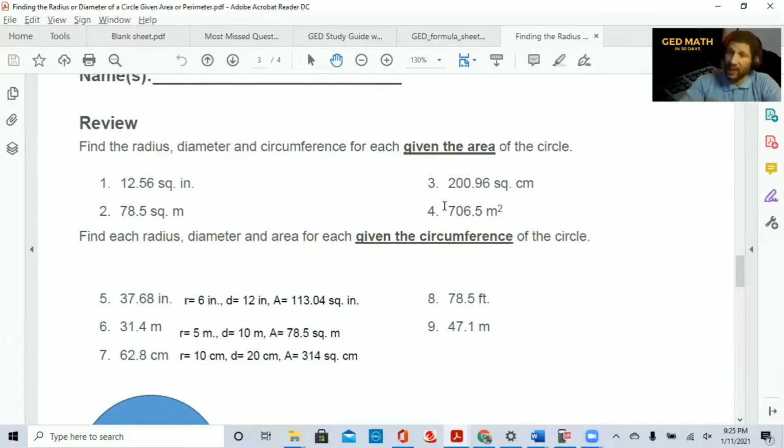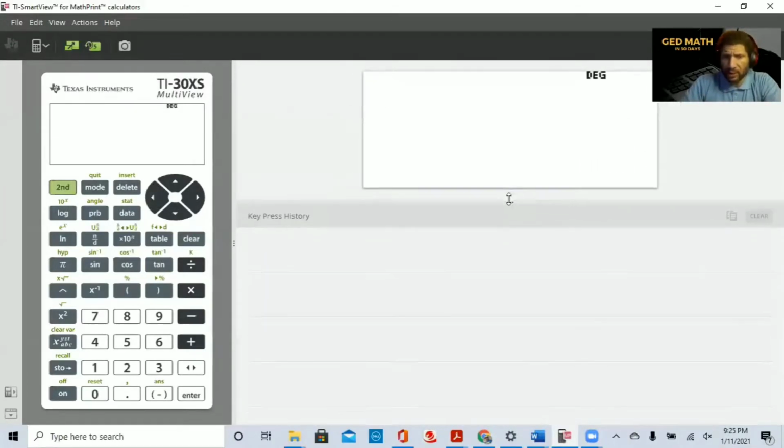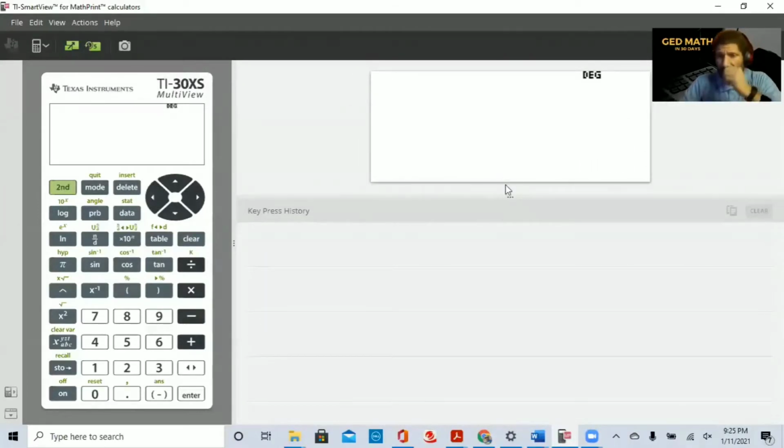So given the area, we're going to do number 2, 78.5 square meters, and we're going to determine what the radius, diameter, and circumference are from the area. Let me have some room here so you can see what keys we have to press on the calculator.